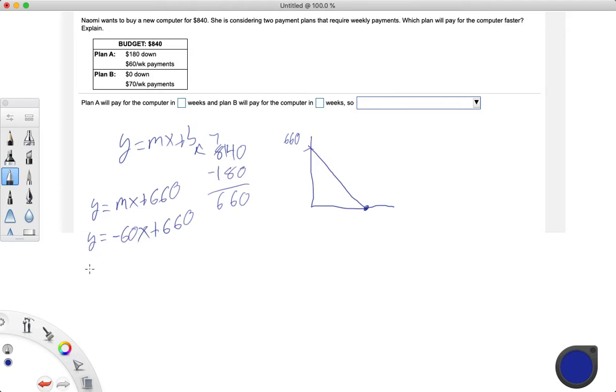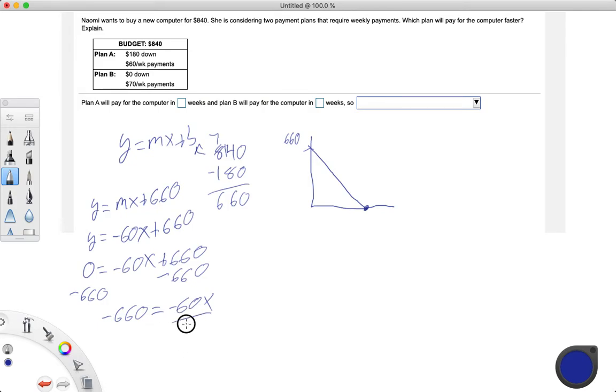And this is for the first one. So when y equals 0, negative 60x plus 660, subtract 660 from both sides, and that means negative 660 equals negative 60x.